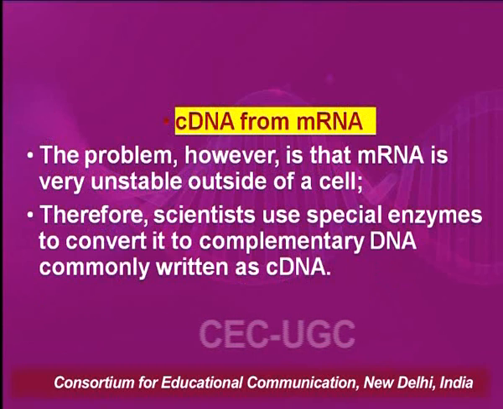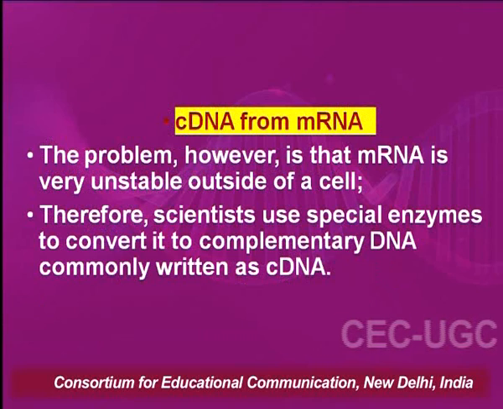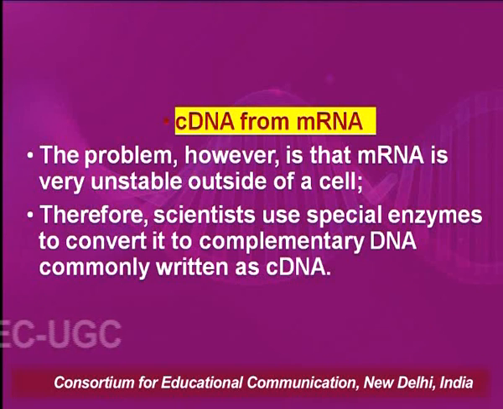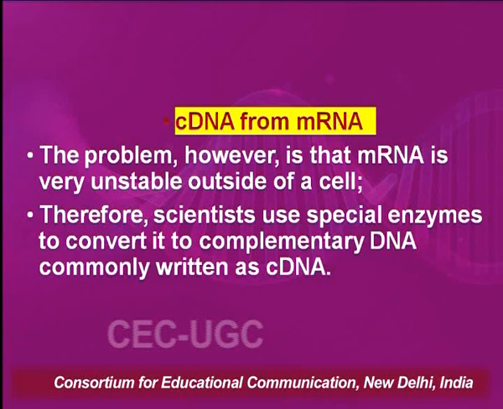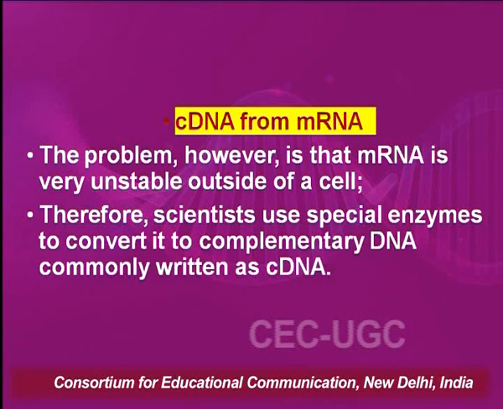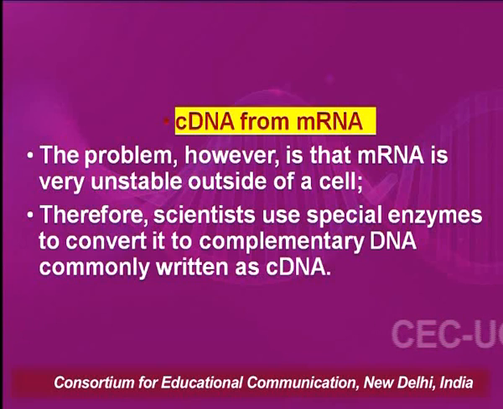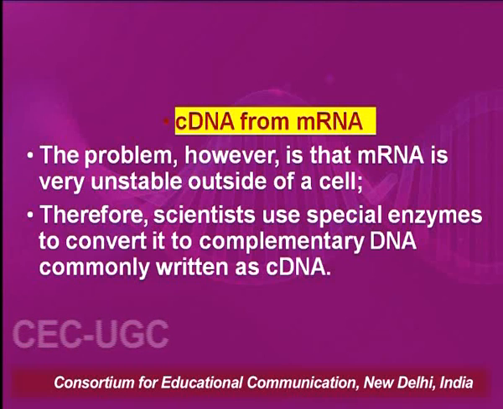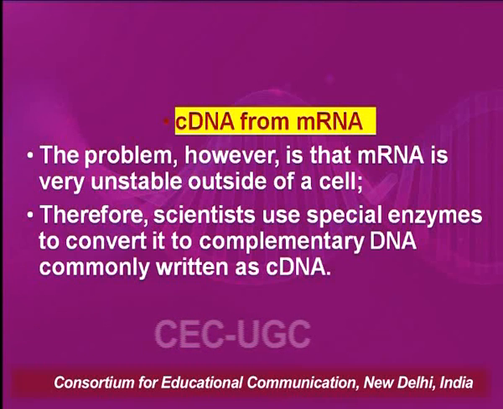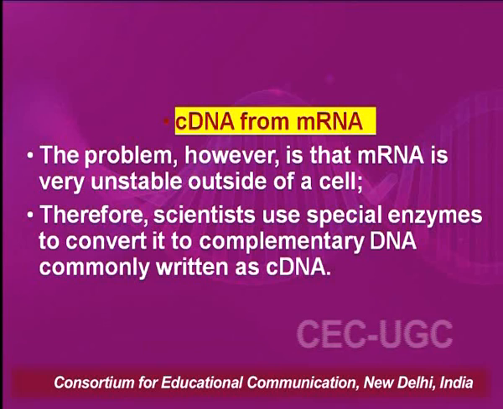So we needed to design other methods to understand the sequence or the information contained in this mRNA. With the help of special enzymes like reverse transcriptase, scientists designed methods to synthesize complementary DNA, very commonly called cDNA, from this mRNA.